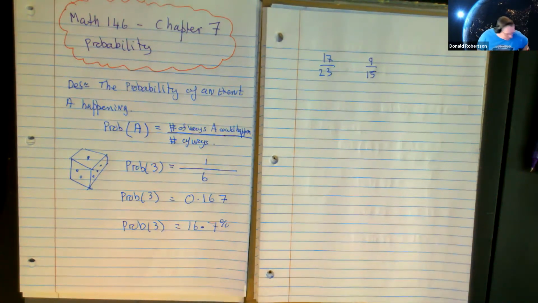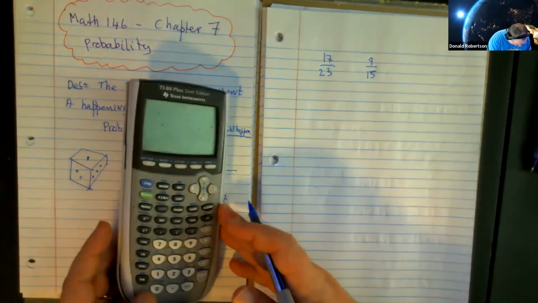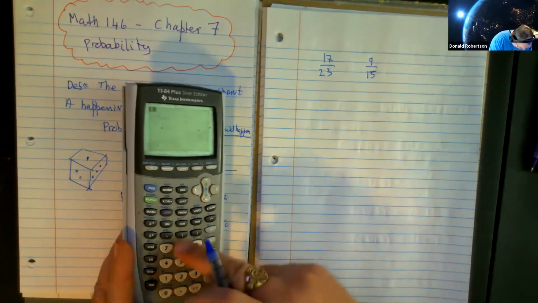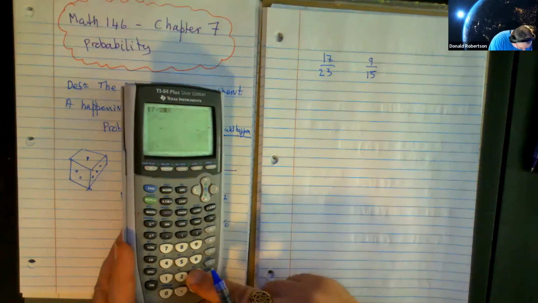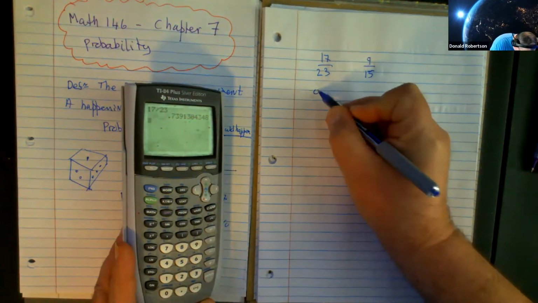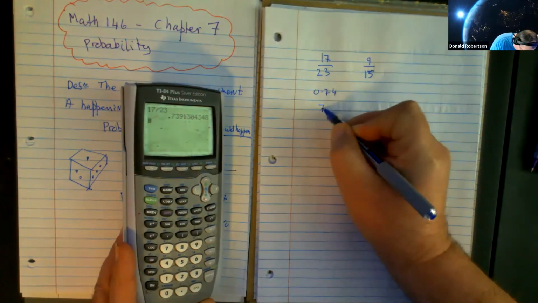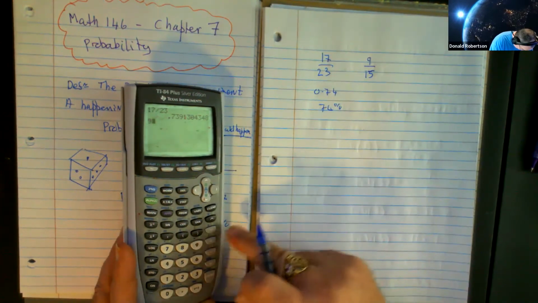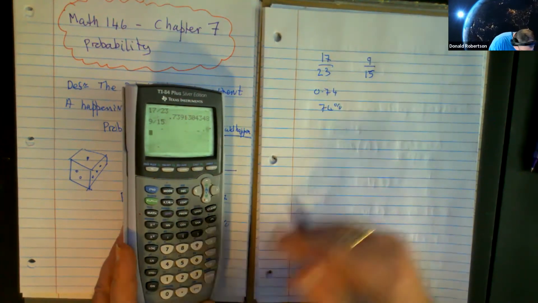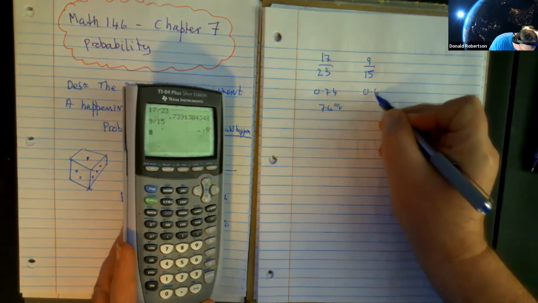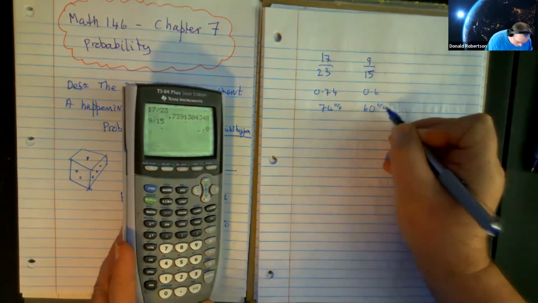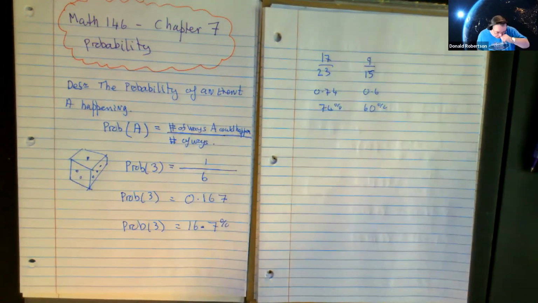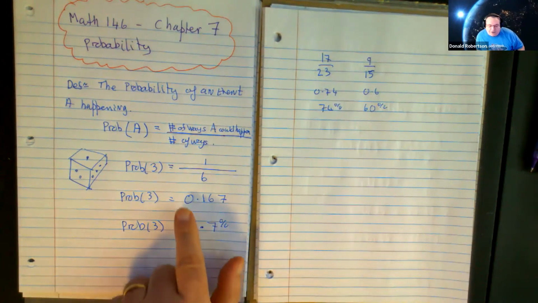So if you convert them into decimals, let's say rounding off as well, this one is about 0.74, 74%. And the other one is definitely smaller.